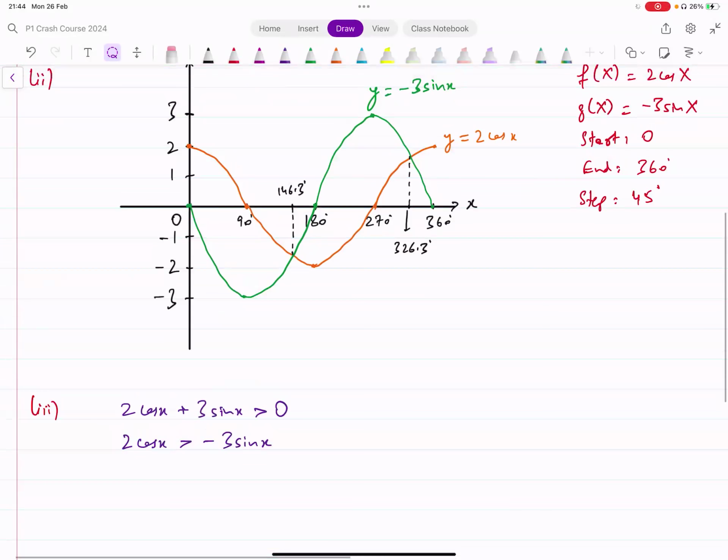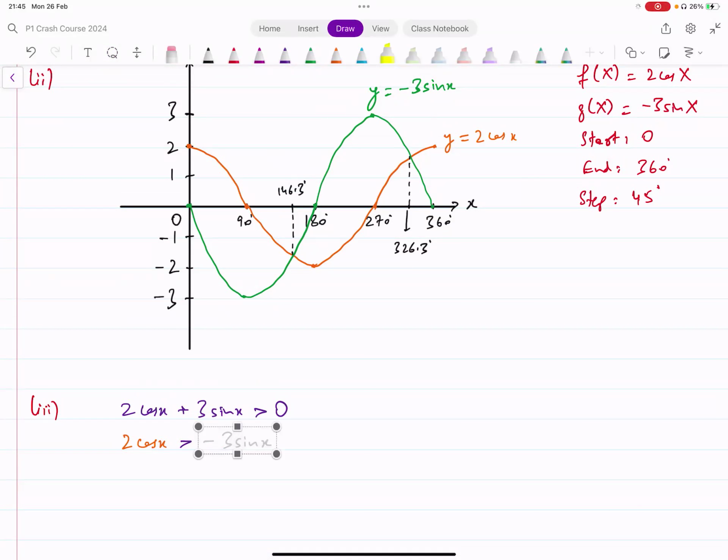The 2 cos x graph is drawn in orange there, and this minus 3 sin x graph is drawn in green there. Where is the orange graph above the green graph in that diagram, in that sketch? Where is the orange graph above the green graph?